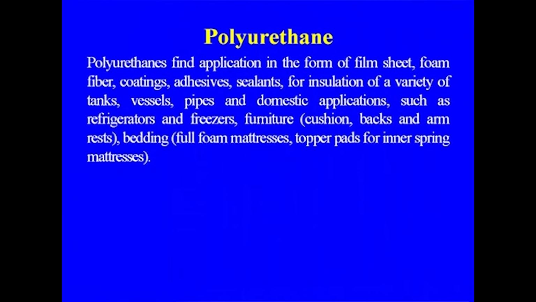They are used for insulation of a variety of tanks, vessels, pipes, where we used to have glass wool, and domestic applications such as refrigerators, freezers, furniture cushions, bags and armrests. Then the bedding, foam mattresses and topper pads for inner spring mattresses. So, these are some of the broad applications of polyurethane.